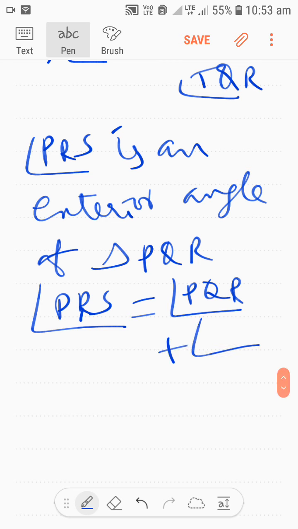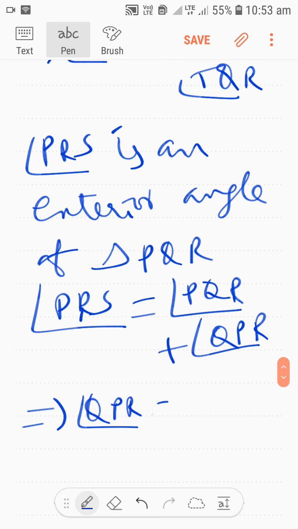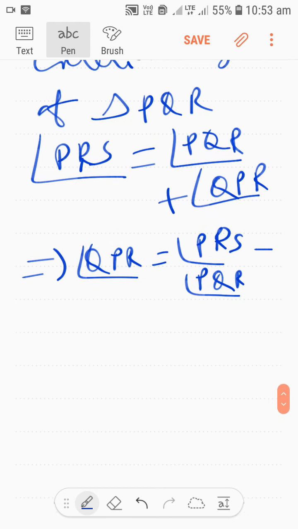So angle PQR plus angle QPR. So from this, angle QPR equal to angle PRS, take PQR to the right hand side. So it becomes minus. So minus PQR.